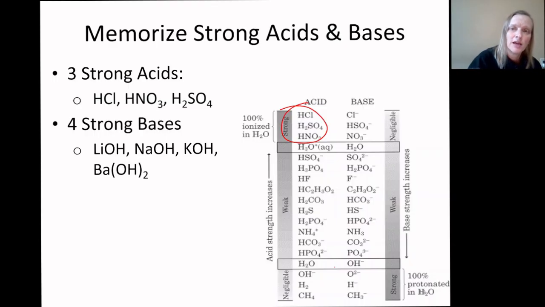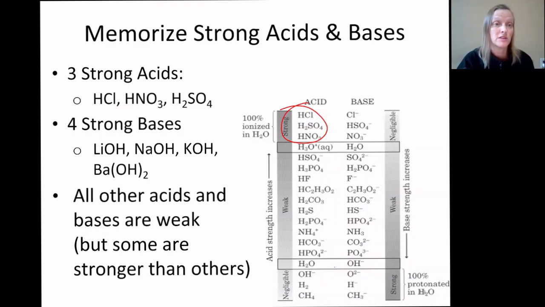If you have bases that are not on that list of 4, then they are considered weak bases. Now, not all weak bases and not all weak acids are the same. There are some that are stronger than others. It is a spectrum. But for the purposes of Chem 1, knowing what 3 strong acids and 4 strong bases there are is important.